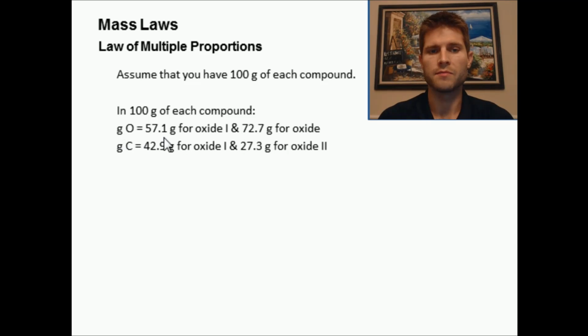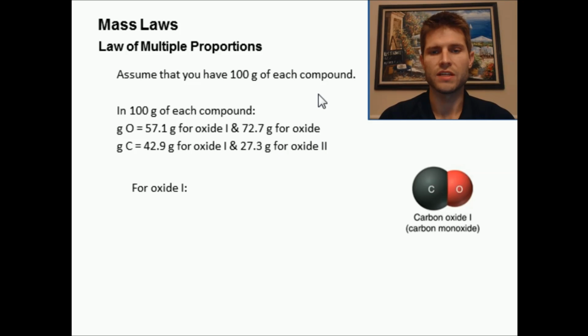So for oxygen, it's 57.1 grams of oxygen for oxide 1 and 72.7 grams of oxygen for oxide 2. And for carbon, it's 42.9 grams of carbon for oxide 1 and 27.3 grams of carbon for oxide 2. So what's an interesting fact about this?